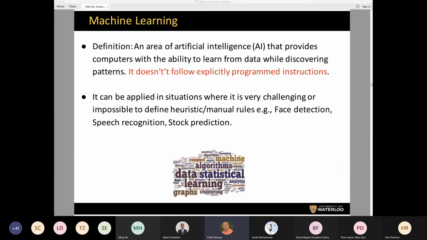So let's define very briefly here the notion of machine learning, and this is borrowed from a number of textbooks, including my textbook. People agree that machine learning is an area of artificial intelligence that provides computers or computational machines with the ability to learn from data while discovering patterns.